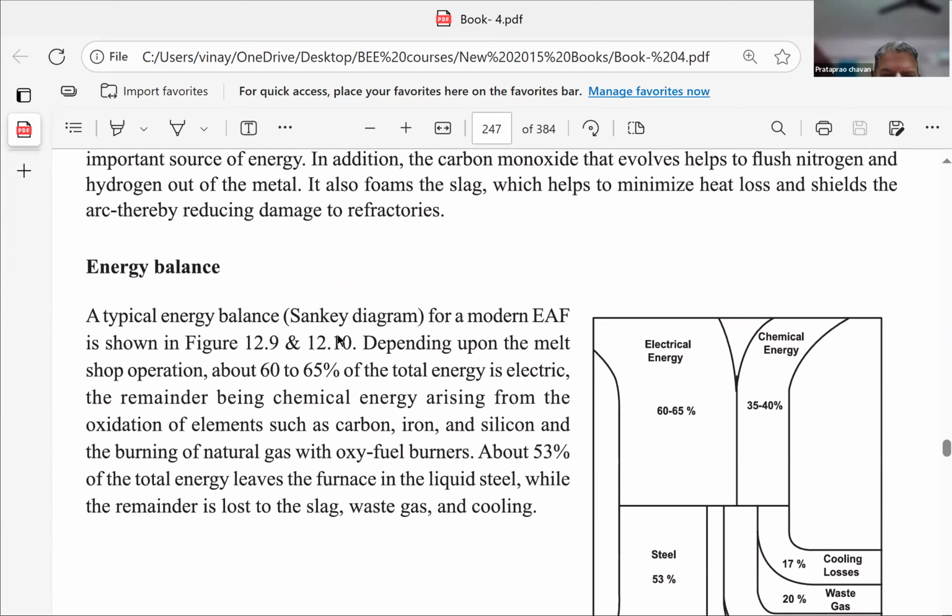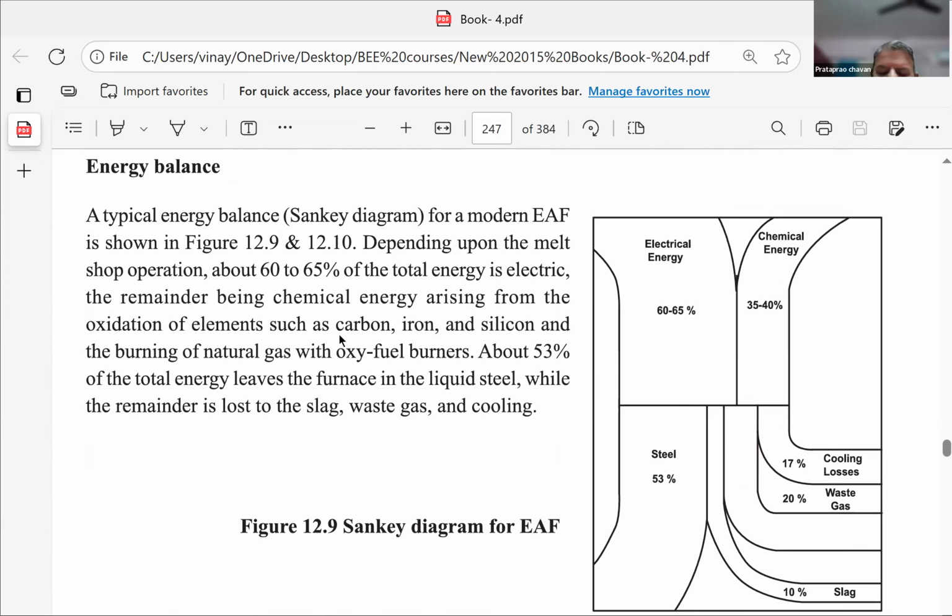You can read through. Then, when you go for an energy balance, we know the correct way of checking process performance is to draw a mass and energy balance. When mass and energy balance is correctly drawn, we then find out what the losses are and what the percentage losses are.